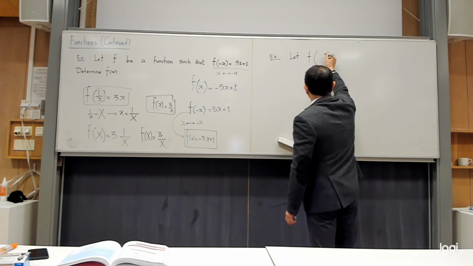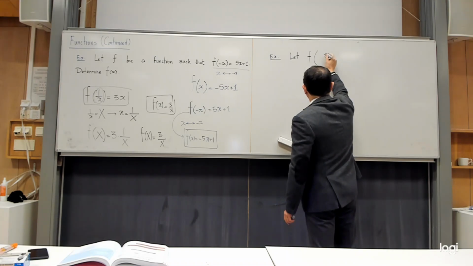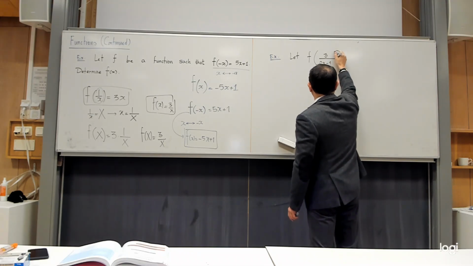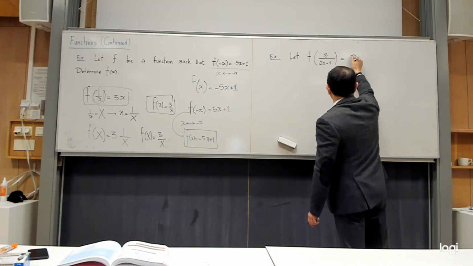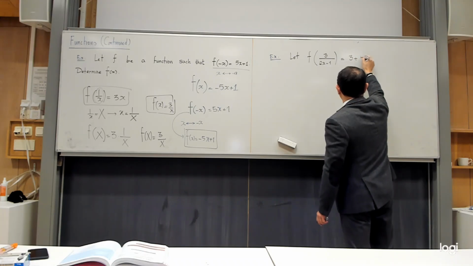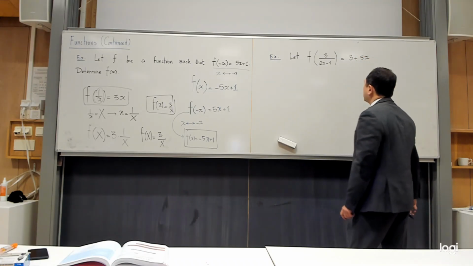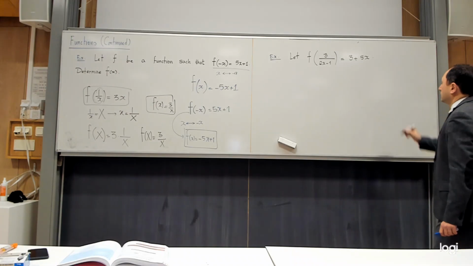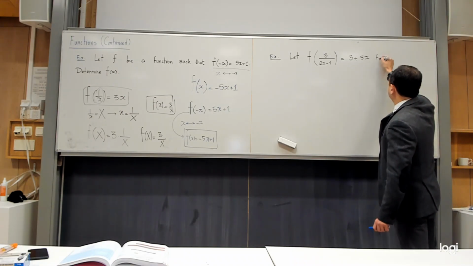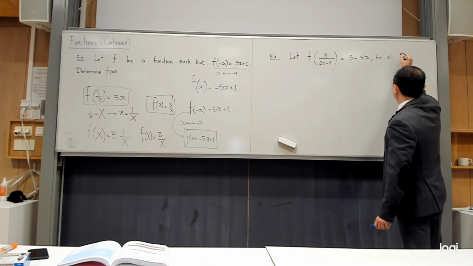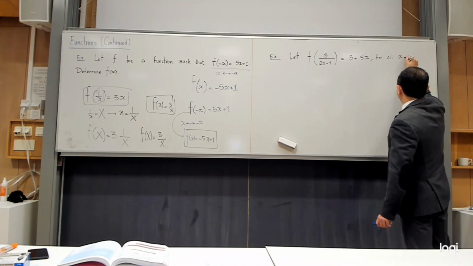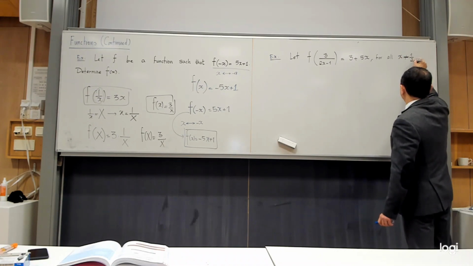Let me first of all make it a little bit simple. Let f of (3 over 2x minus 1) be equal to 3 plus 5x, for all x not equal to 1/2.